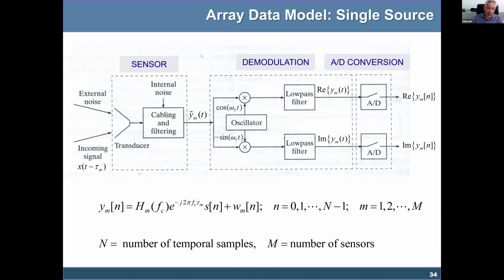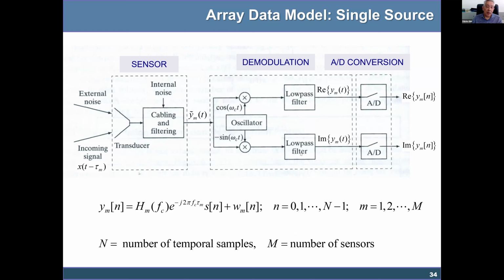Now, the block diagram of the receiver that implements the demodulation operation, so the extraction of the in-phase and quadrature components, is reported here. We have an oscillator. By using a Hilbert filter, we build an oscillation in quadrature. We multiply the incoming signal by the cosine and the sine.